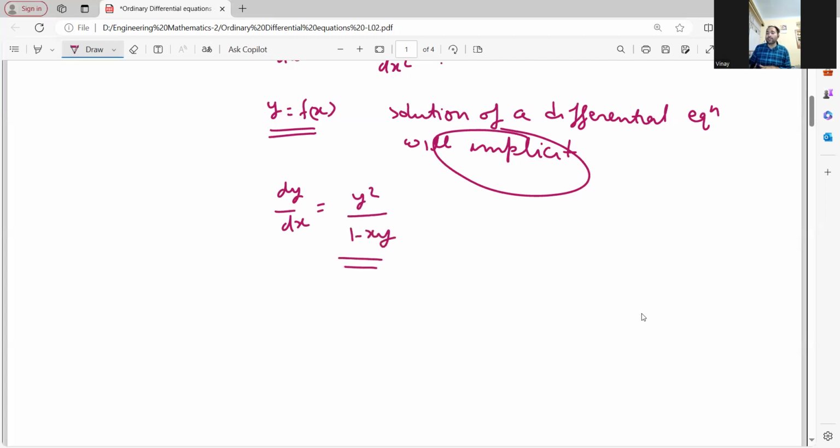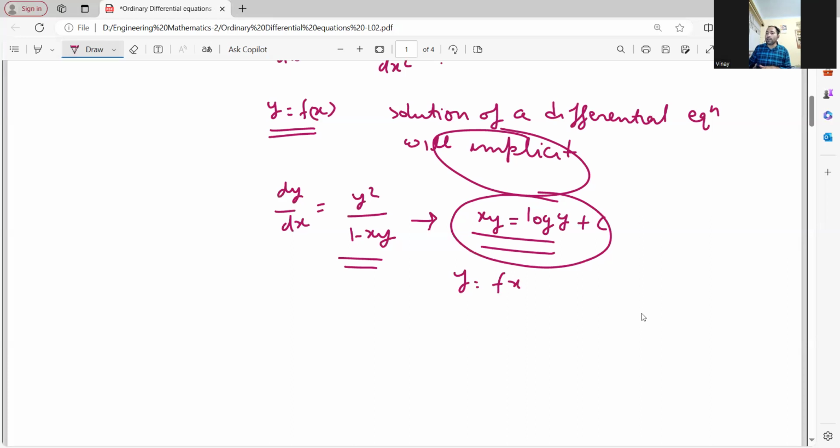When you find the solution of this differential equation, I know the solution, but I'm just going to make the base for you to understand some broad perspective of differential equations. So can you write this equation in terms of y equal to f(x)? No, right? So this is not a separable equation. Okay.